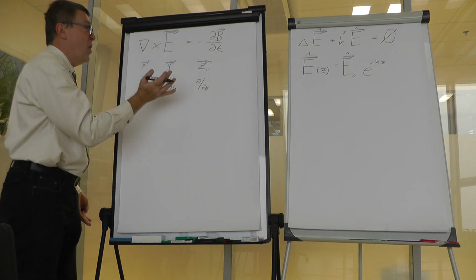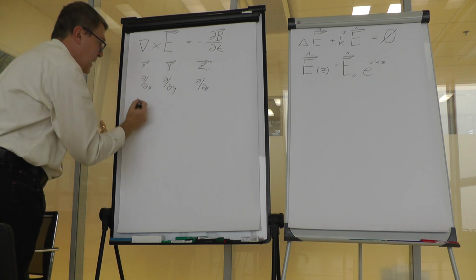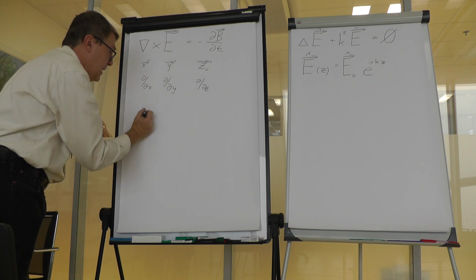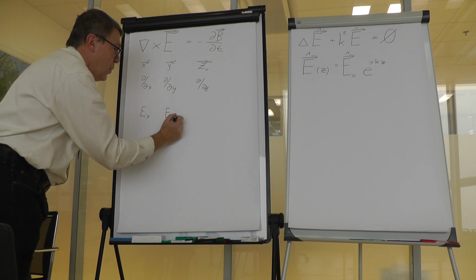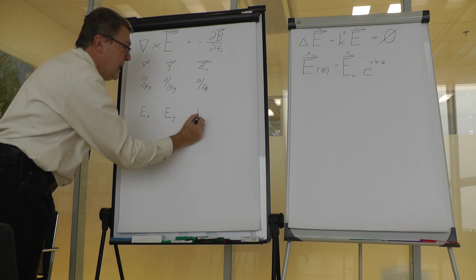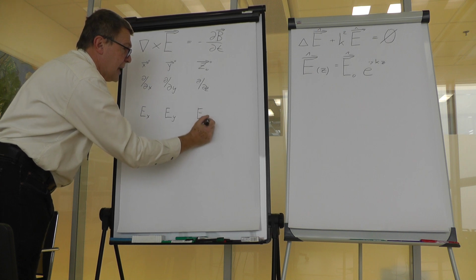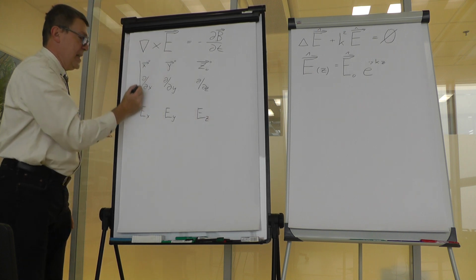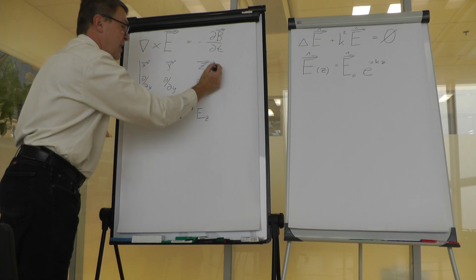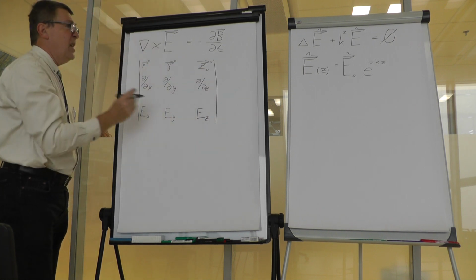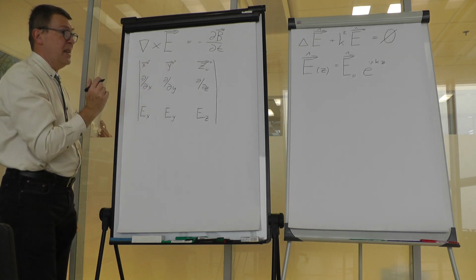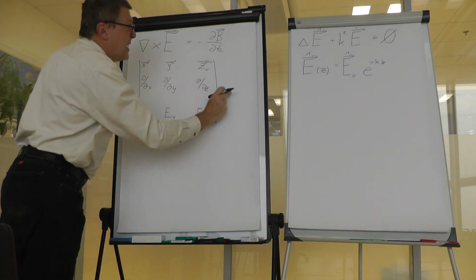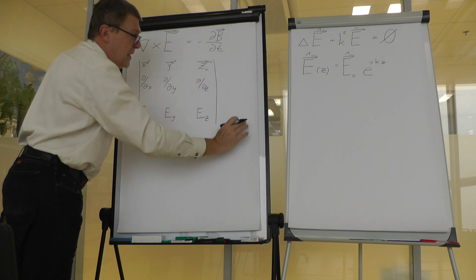And in the second row, we have the components of the vector, so that would be Ex, Ey, and Ez. So this is a description of this left-hand side. So I could put here, it's equivalent to minus dB over dt.